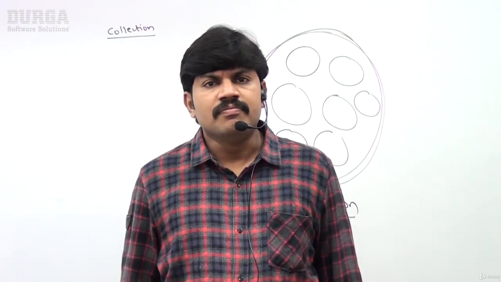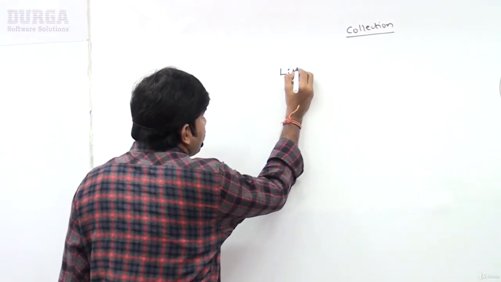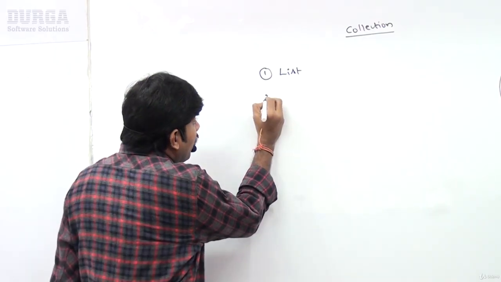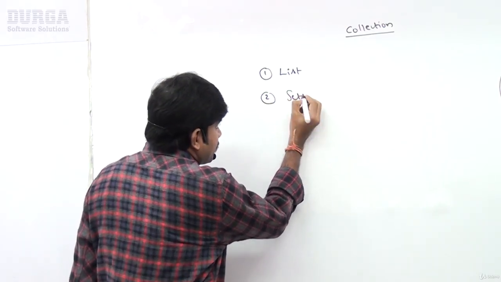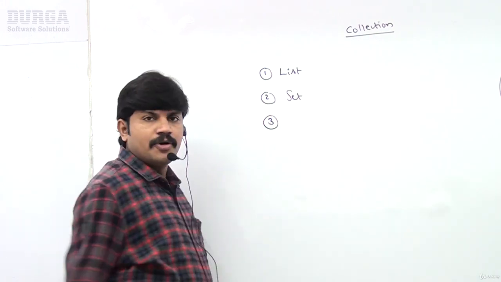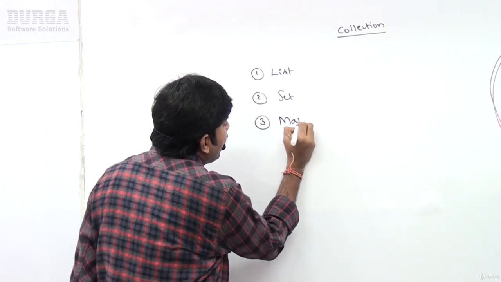In collections there are multiple concepts. Sometimes you may have heard about the list concept, sometimes the set concept, and then the map concept.